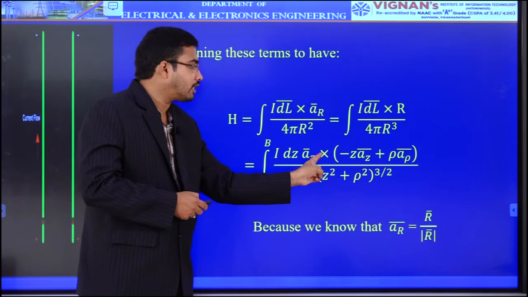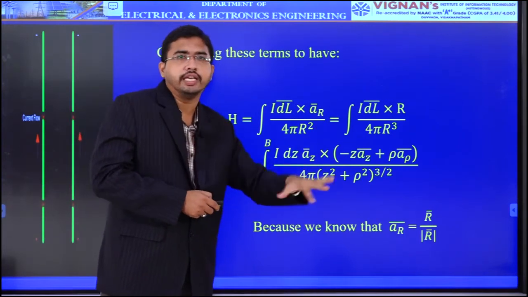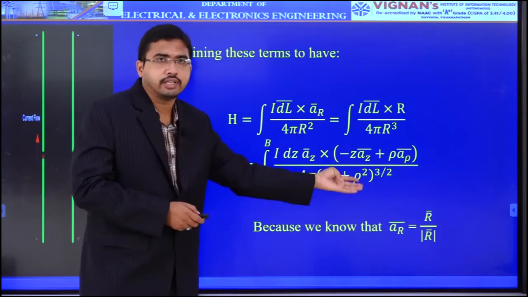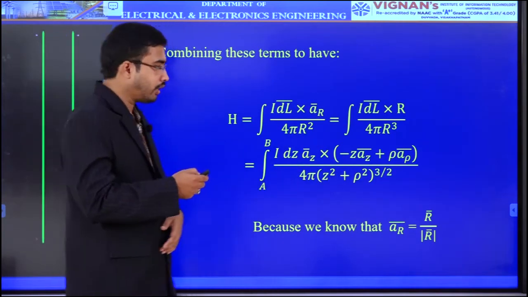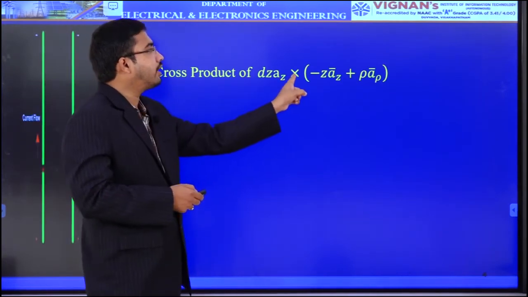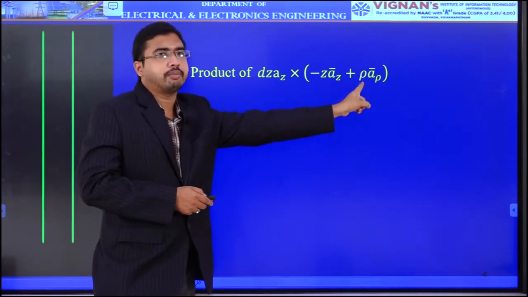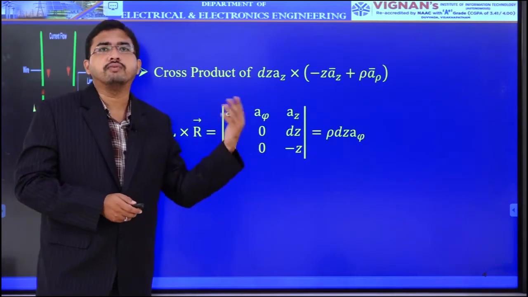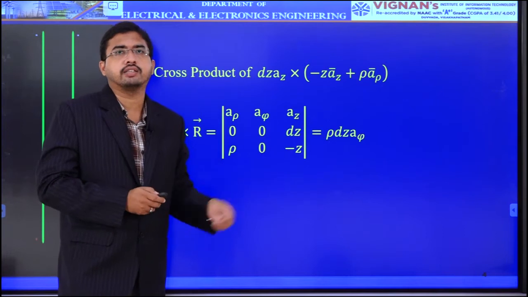The cross product of these two terms we need to find. If we find the cross product value of this, and substitute that here, that will be simple. So I am finding the cross product of dz az bar cross minus z az bar plus rho a rho bar. So to find the cross product, which system are we using here? Cylindrical system we are using.